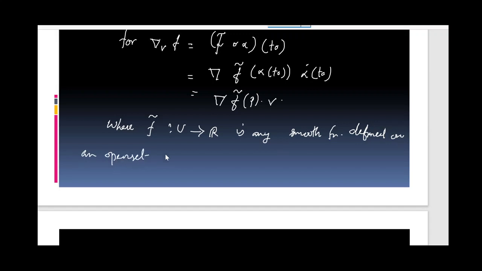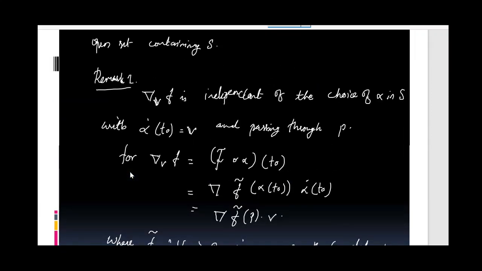So let me specify it here, where f tilde from U to R is any smooth function defined on an open set U containing S, whose restriction to S is f.